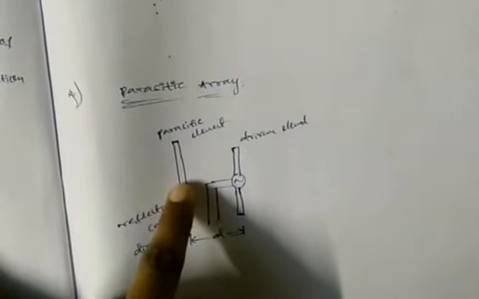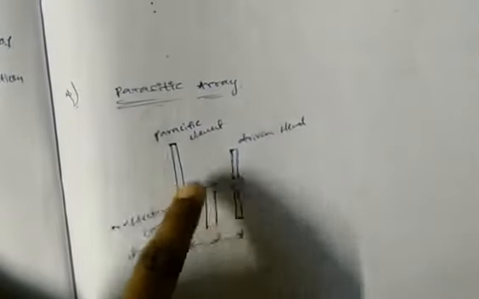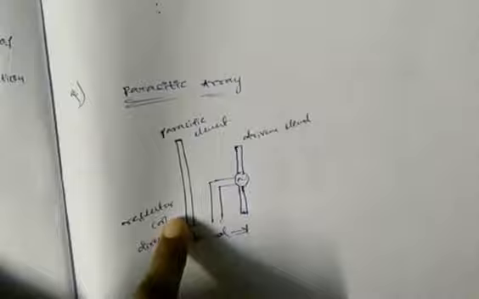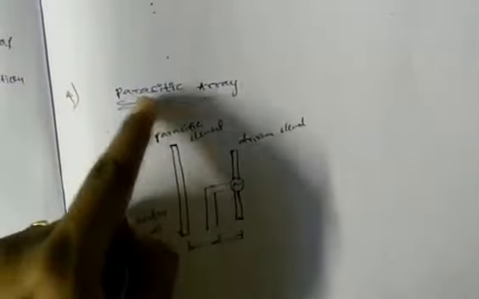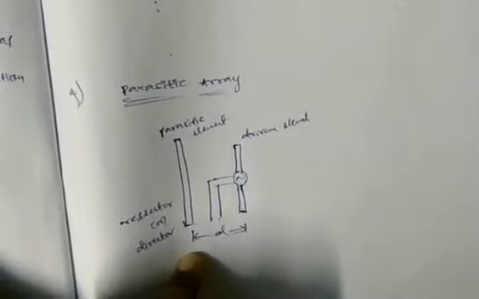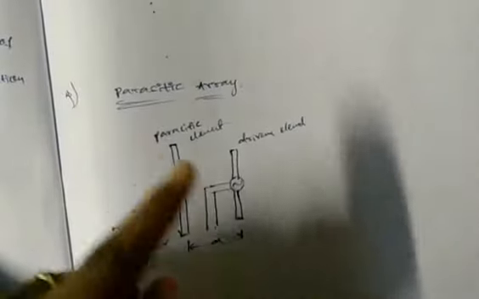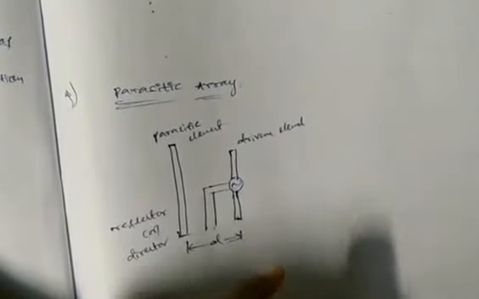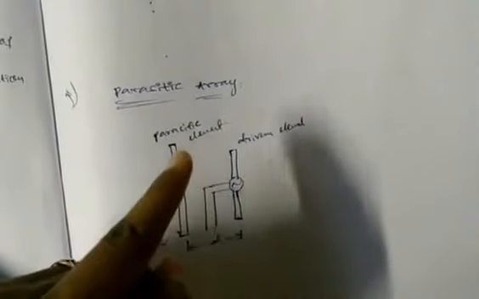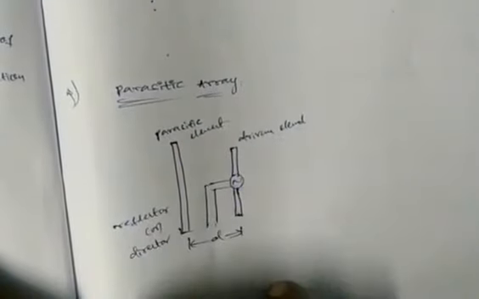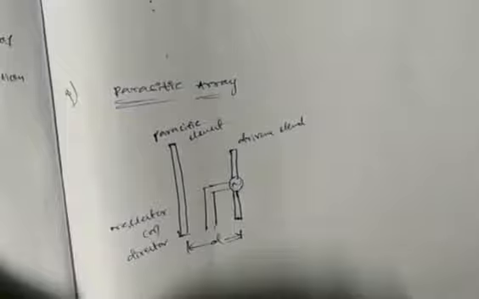It directs the maximum radiation direction. The example of the parasitic array is the Yagi-Uda array. In this parasitic array we use one driven element and one or more parasitic elements. So this is about the parasitic array.